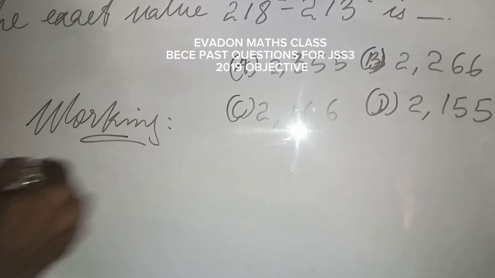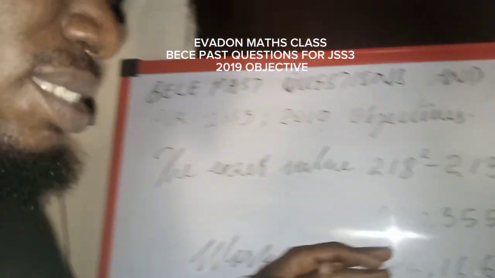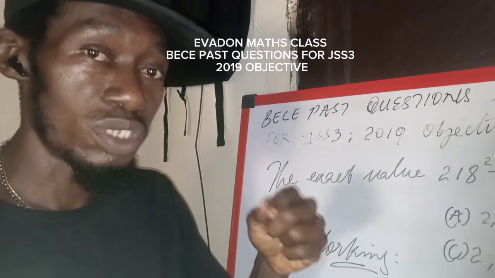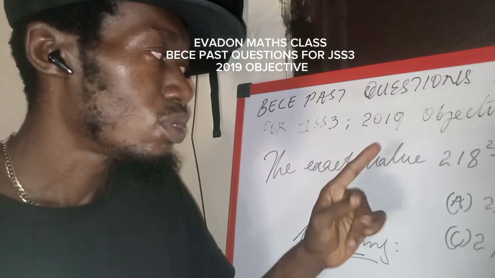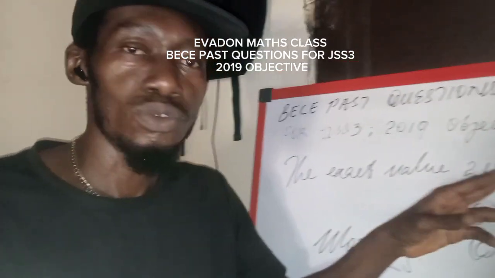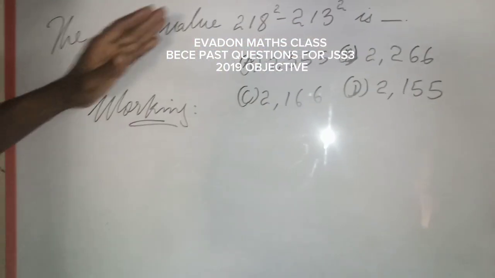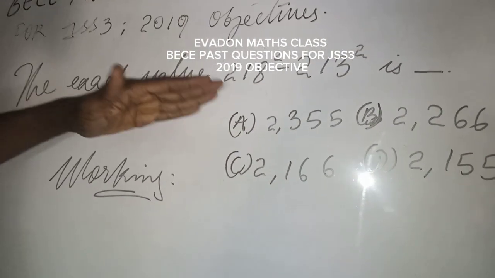We have two methods of doing this question. In today's Everdon Maths class, we will be using only one method, but I will tell you the other method. The first method is what I would advise us to use in a question like this, and it is using difference of two squares.